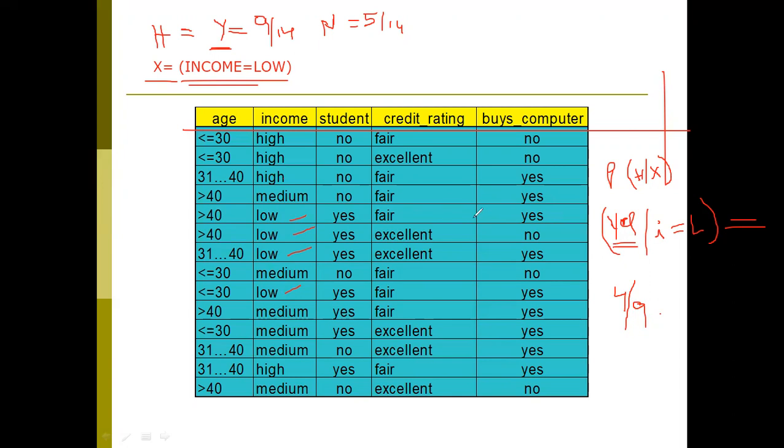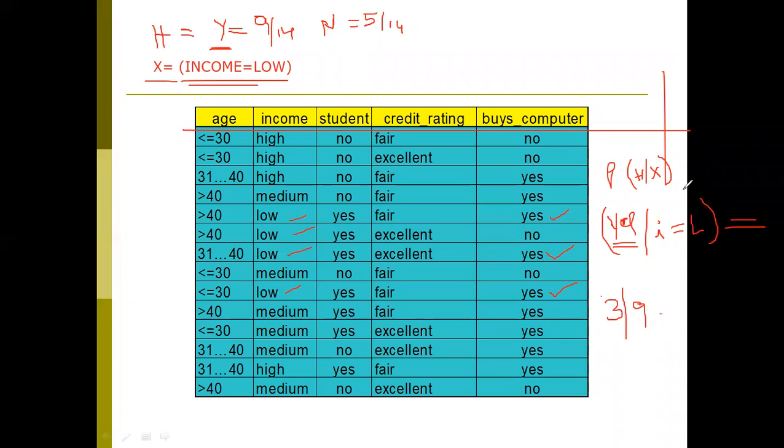Under these low income tuples, 3 tuples are labeled with S. So that's why it's not 4 actually. Out of 4, only 3 tuples we should represent here, labeled with S class label, by total number of S class labels, into P of H, right?